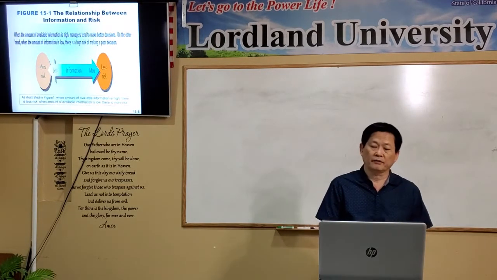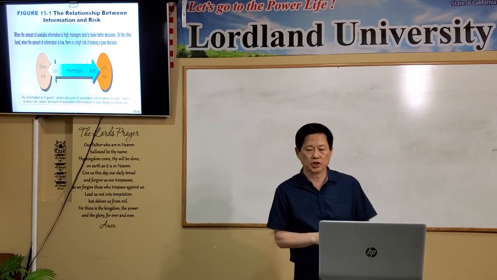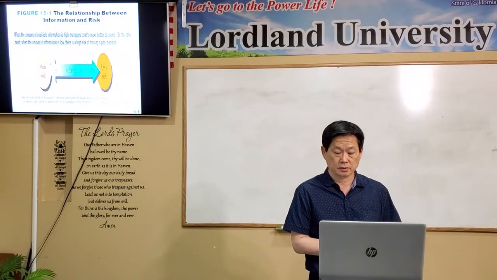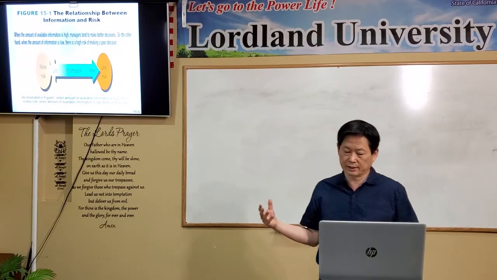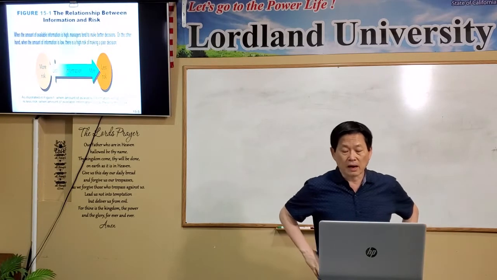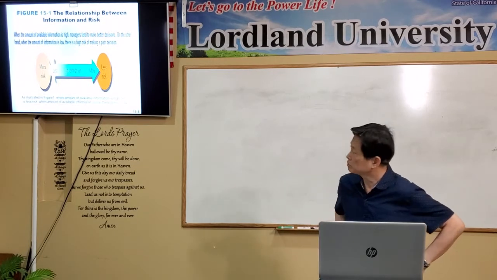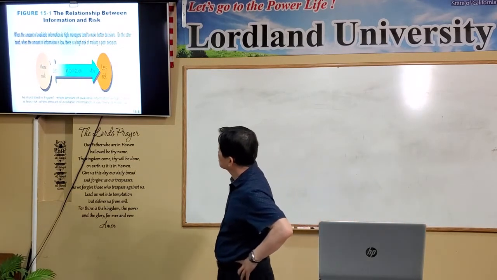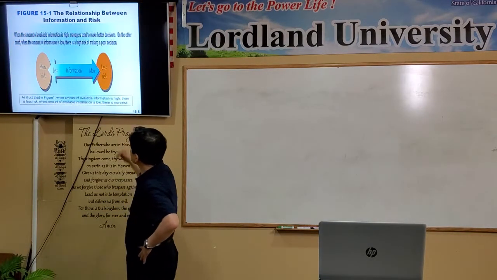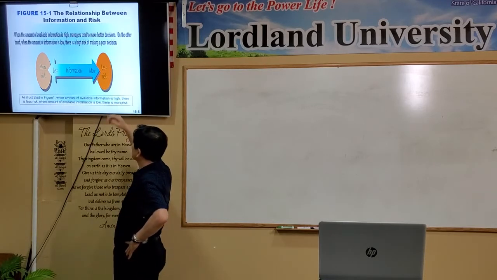This figure 15-1 shows the relationship between information and risk. As illustrated in figure 15-1, when the amount of available information is high, there is less risk, and managers tend to make better decisions.